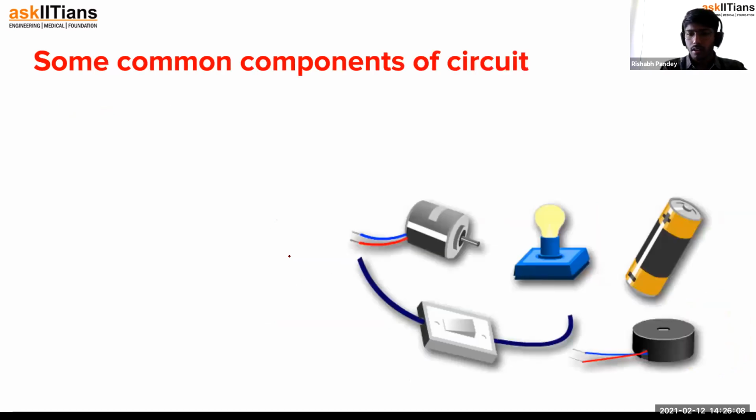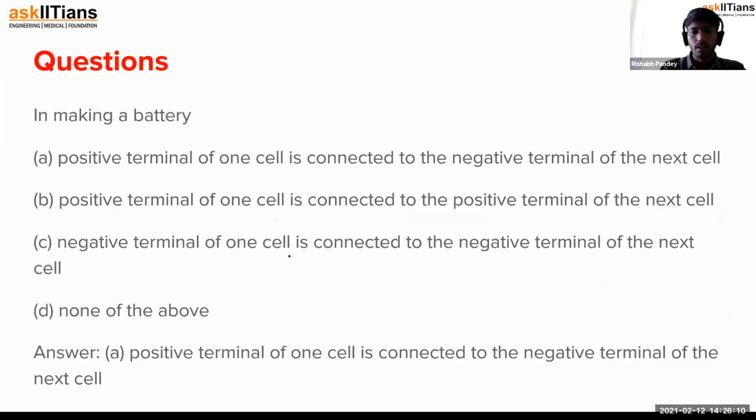Common components we have already discussed. Now, in making a battery, the positive terminal of one cell is connected to the negative terminal of the next cell, or positive to positive, or negative to negative, or none of the above. What is a battery? A battery is a combination of cells.